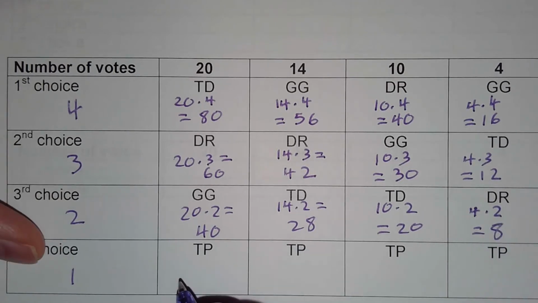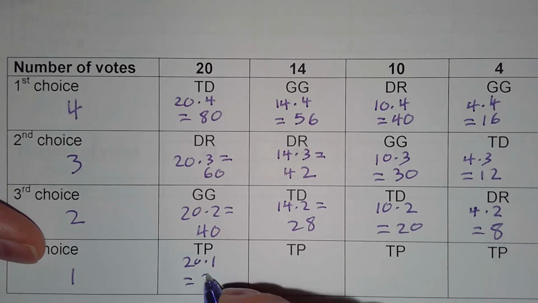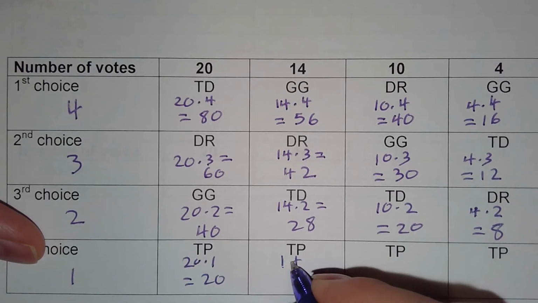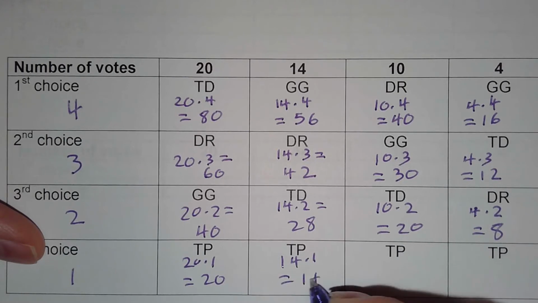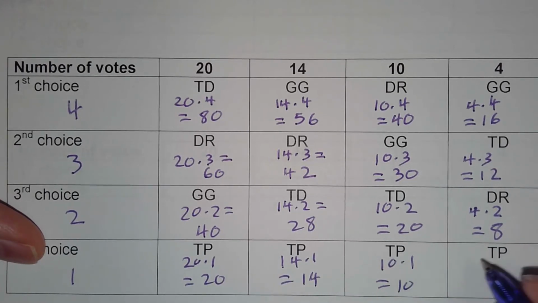And then finally, for the last row, we're going to have 20 times 1 is 20. 14 times 1 is 14. 10 times 1 is 10. And 4 times 1 is 4.